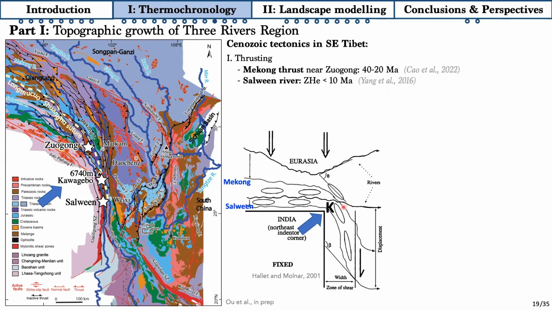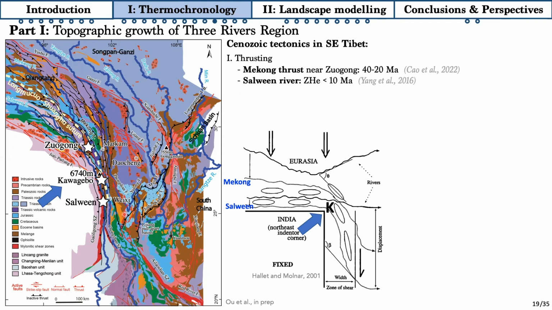Indeed, some recent thermochronological data from the north near the Zhongdian show a reactivation of the Longmu Co-Shuanghu suture as a local thrust during 40 to 20 million years, and also very strong river incision along the Salween to the south. All of this has been thought to be related to the strong compression of the Indian plate to the northeast.